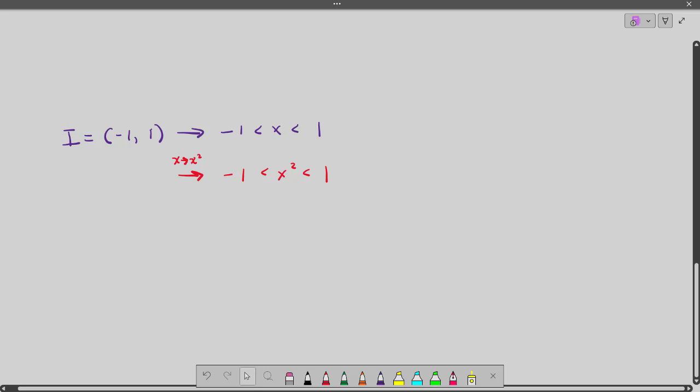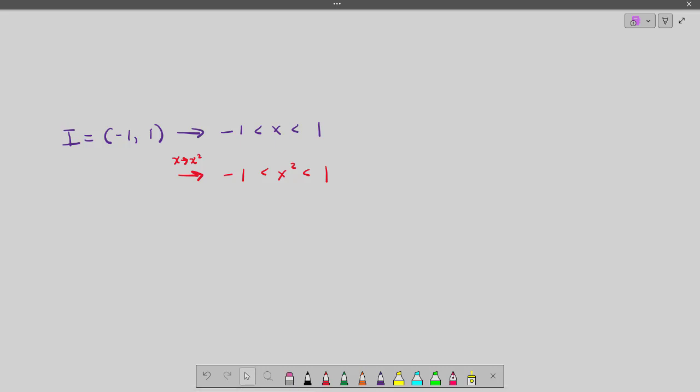You could say that this is always true on the left, right? X squared is always bigger than -1. It's a non-negative number. So you could actually just reduce it to this. The solution to that is the same as the solution to that. And then you could take the square root of both sides because you have non-negatives. If you have non-negatives in an inequality, you can take the square root of both sides and it preserves the inequality. And the square root of 1 is 1. The square root of x squared is absolute value of x. And so we end up getting the same exact interval of convergence again.